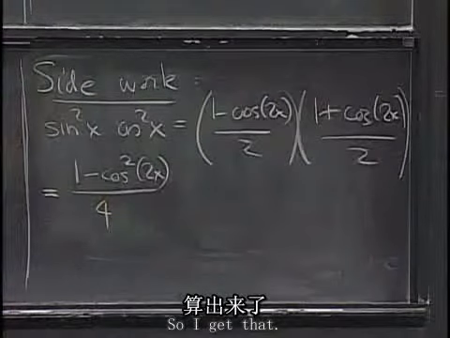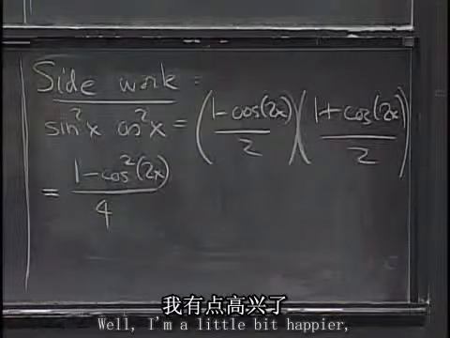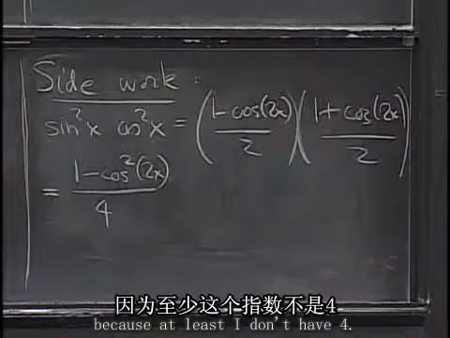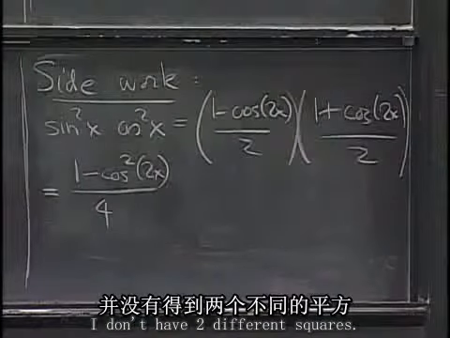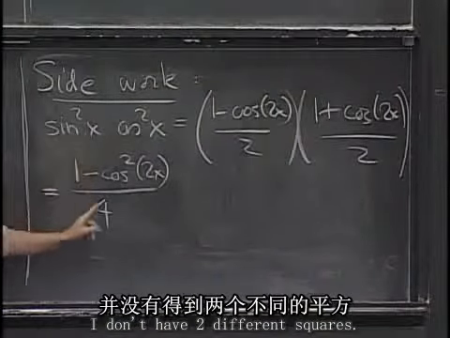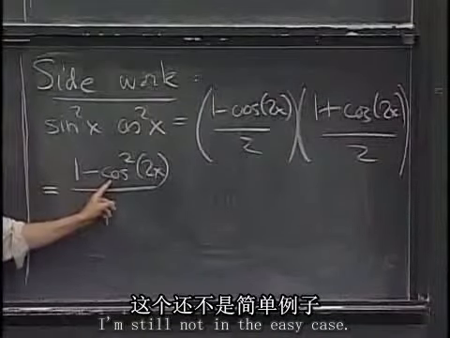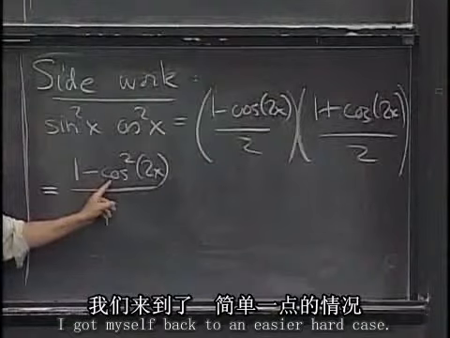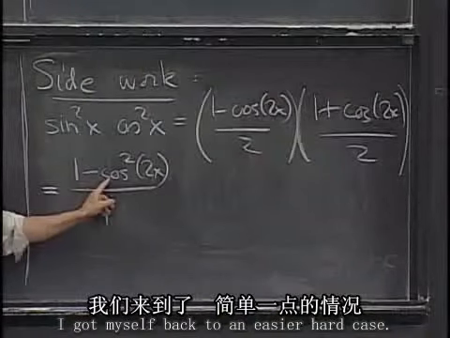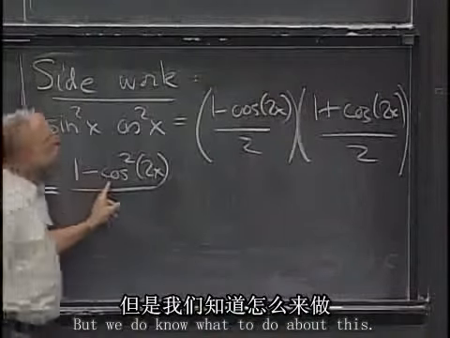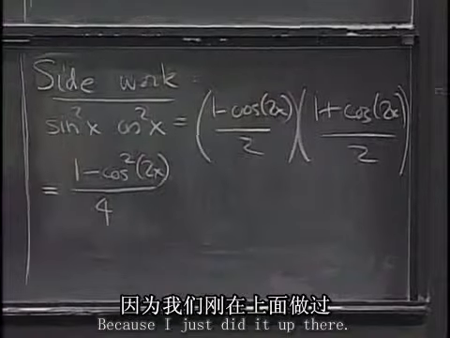So I get that. Well, I'm a little bit happier because at least I don't have 2 different squares. I still have a square. I want to integrate this. I'm still not in the easy case. I got myself back to an easier hard case. Okay? But we do know what to do about this because I just did it up there.